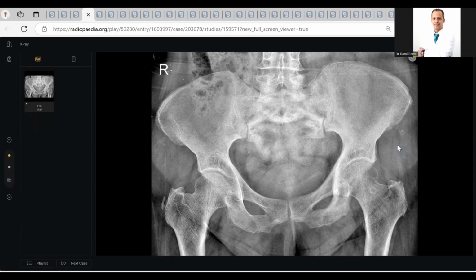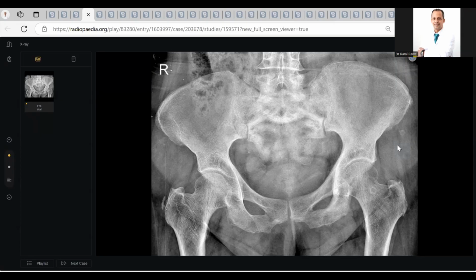Yes, sir. So hazy areas of sclerosis involving bilateral sacroiliac joints. In an elderly female, I'm thinking of a bilateral sacroiliitis. Differentials include hyperparathyroidism, gout, seronegative arthropathies, psoriatic arthropathy, Reiter's arthritis.